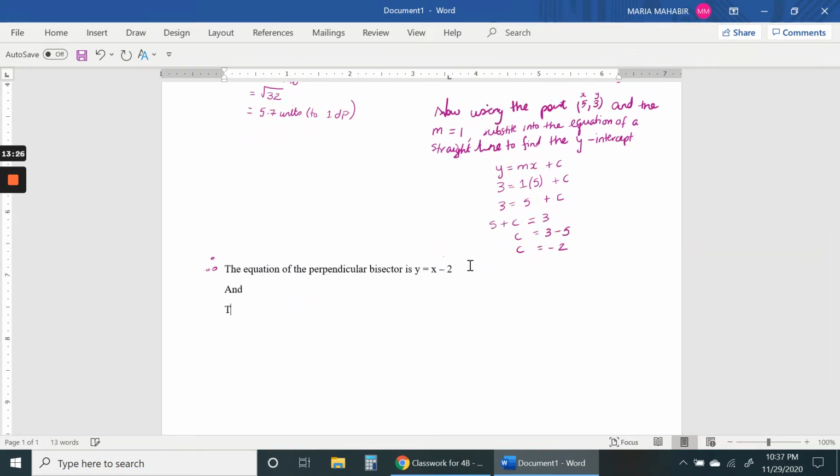So the coordinates of the point where the perpendicular bisector meets the y-axis is the same as the y-intercept of the perpendicular bisector.